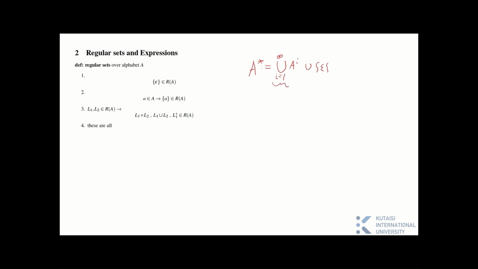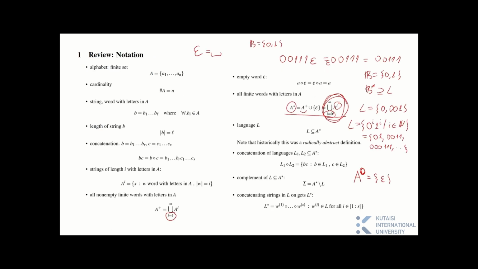This is A plus. And this I can call A to the power 0. And then if I do this, this is the same as going from 0 to infinity of A^i. So it's just a convention. I can call this A^0 just a set that contains an empty word. And then I can take the union from 0 and then A star will be defined this way. And this is what is happening here.